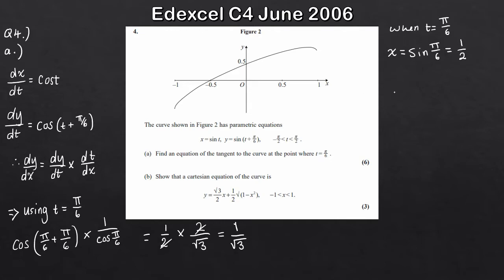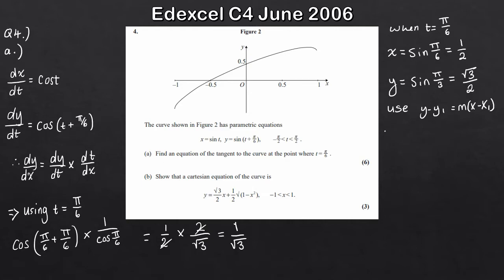Do the same with the y. So that's sine of pi over 6 plus pi over 6, so pi over 3, which we know again is root 3 over 2. So now all we do is use y minus y1 is equal to m times x minus x1.